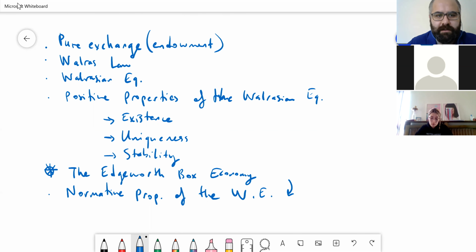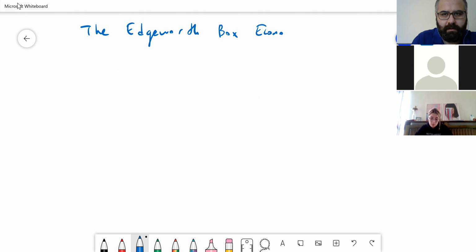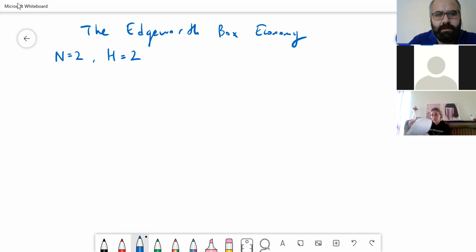So for this reason, I'm going to continue with the Edgeworth box economy. This is straight from your text. This is the Edgeworth box economy.